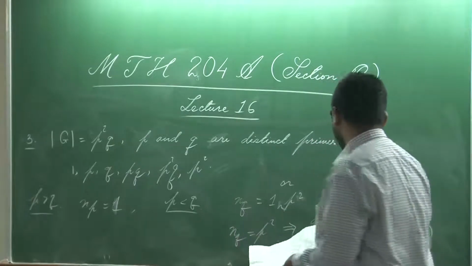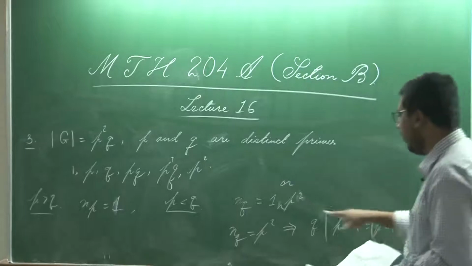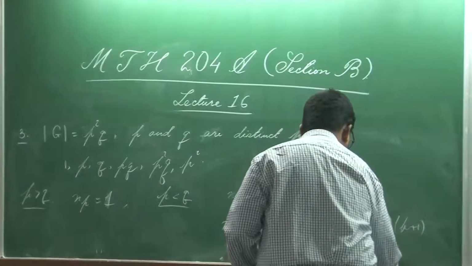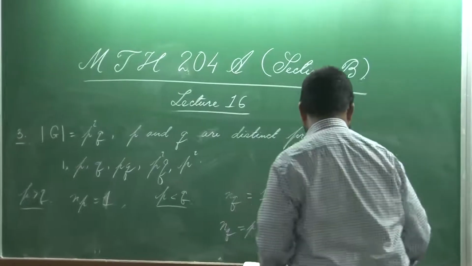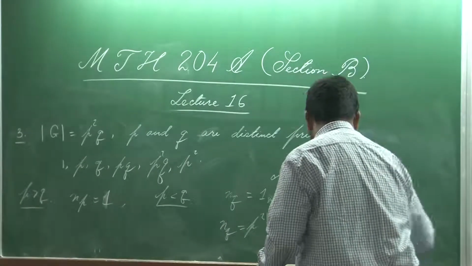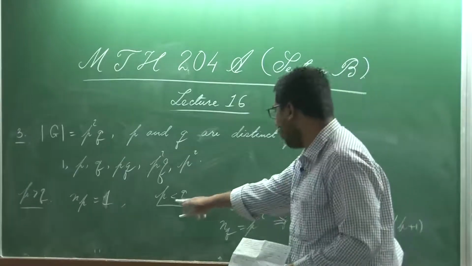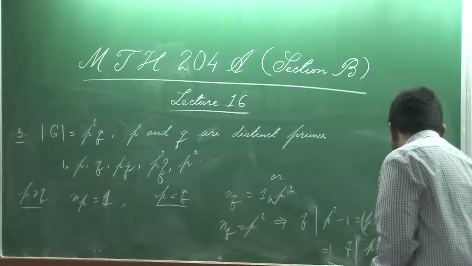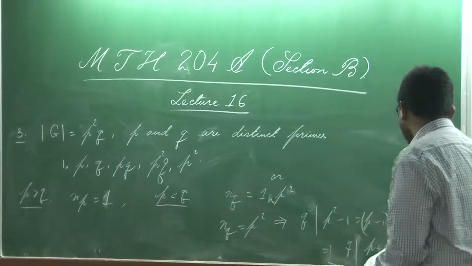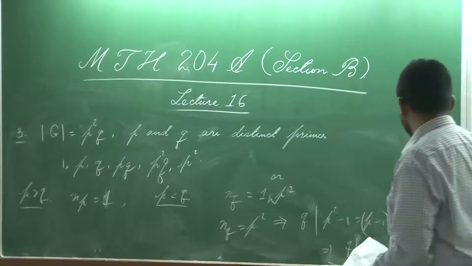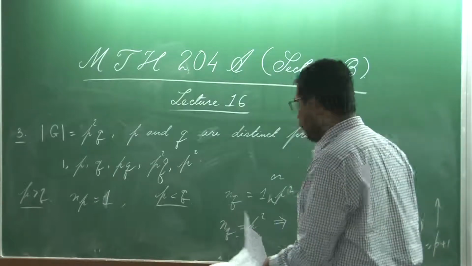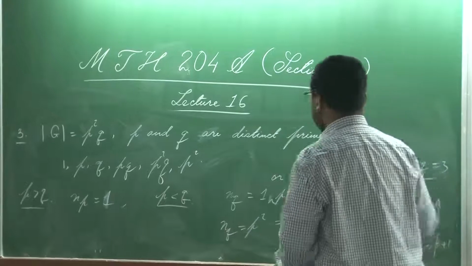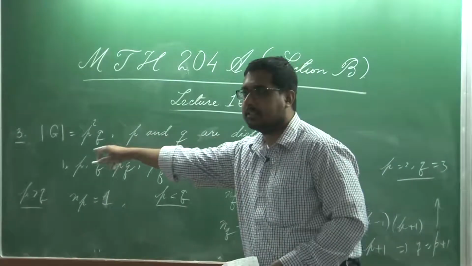Of course, q being a prime greater than p cannot divide p minus 1, so q has to divide p plus 1. And again, since p is a smaller prime and q divides p plus 1, it forces q to be p plus 1. So p and p plus 1 both are prime, so p equals 2 and q equals 3. Thus the group will have order 12 in this case.